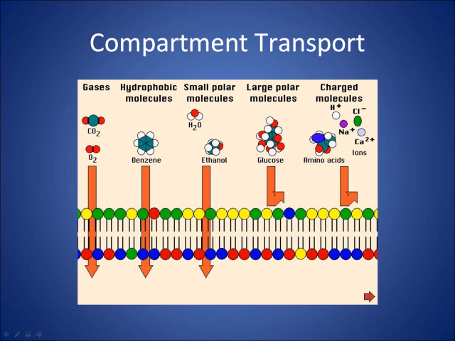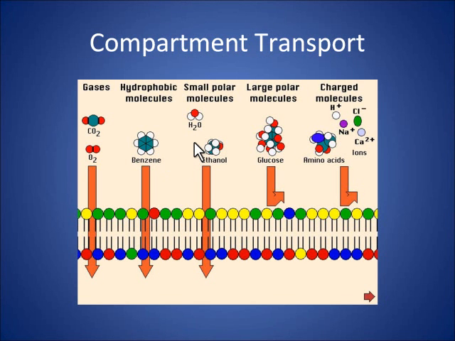Movement into and out of compartments is by the transmembrane flux processes that we have already described and will review here. Nonpolar gases and hydrophobic molecules move across the cell membrane barrier of the compartment by simple diffusion.